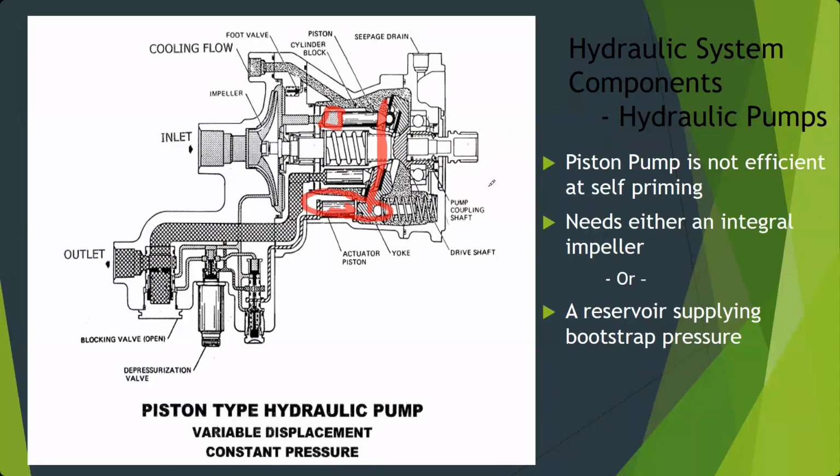This cylinder block and pistons almost looks like a revolver type, if you're familiar with an Old West revolver gun, where you have the holes drilled through a block that rotates, and each one of those has a piston in it. So when that yoke and swash plate is more vertical, the piston stroke is reduced, and effectively the volume of fluid that the pump is going to move is reduced. But it can still produce the same amount of pressure.